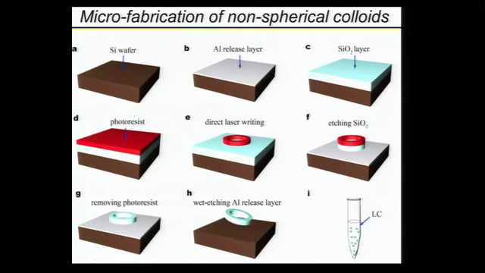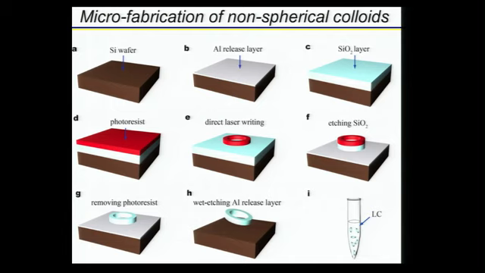Now, we can generate many other shapes of particles, not only just use spherical colloids, but one can, for example, use photolithography and generate many different other shapes of colloidal particles.